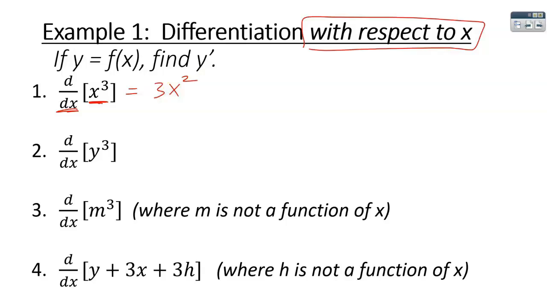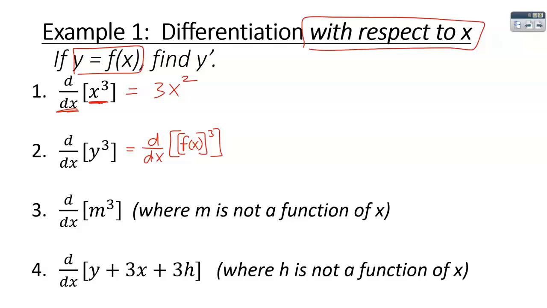But number 2 is different. Here's the difference. In this case, I'm not just taking the derivative of x cubed, I'm taking the derivative of y cubed. And that's significant because, as we know from the top up here, y is not just another variable. Y is actually a function of x. And therefore, we would have to do the chain rule on this problem.